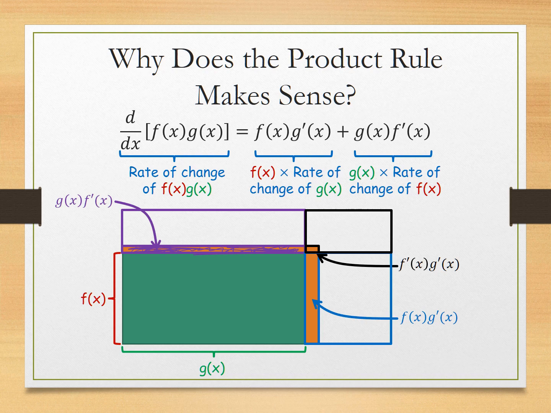Similarly, the blue area that represents f(x) g prime(x) is probably one sixth of the original area. But what about the black area? This black area has gone much smaller. It's about one out of 36. The ratio of this tiny black area versus the bigger black area is about 1/36.